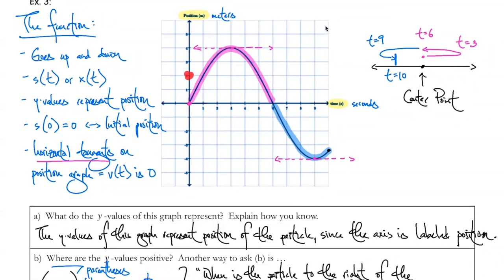You can imagine that your center point is still 0, but you started to the right of that center point. Maybe you have that classmate in your PE class who's a little bit of a cheater and tries to get a head start on everyone by starting ahead of the starting line, and that would be that person. So they're starting to the right of the center point because it has a positive Y value.